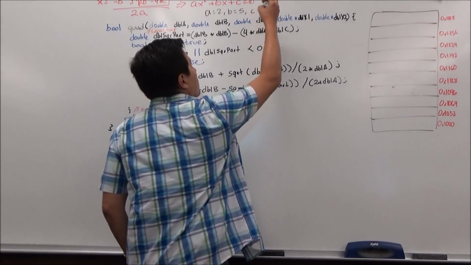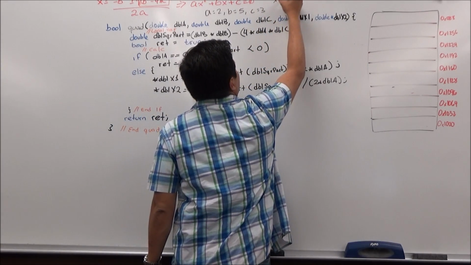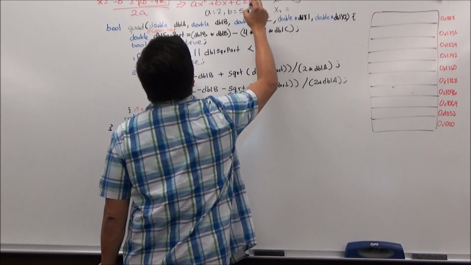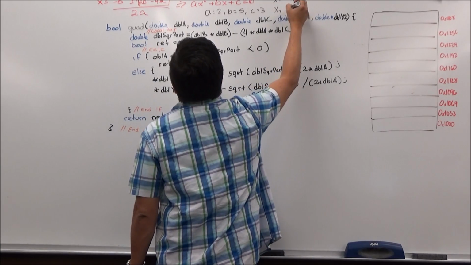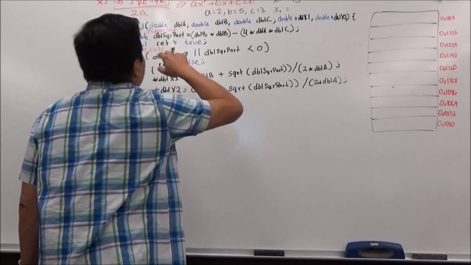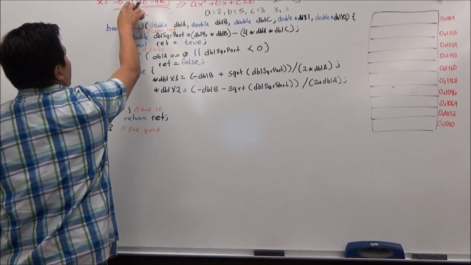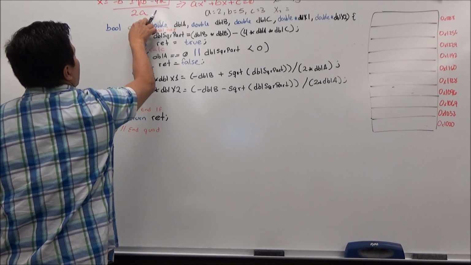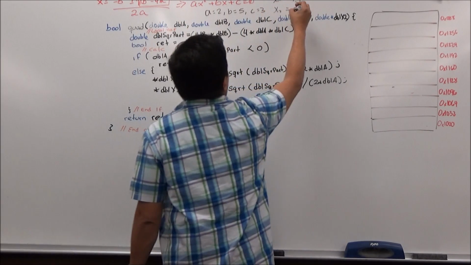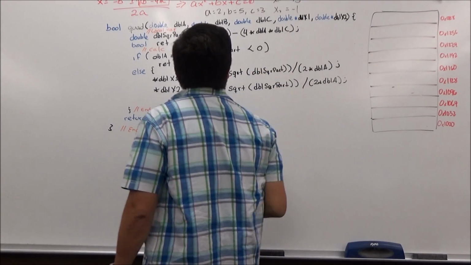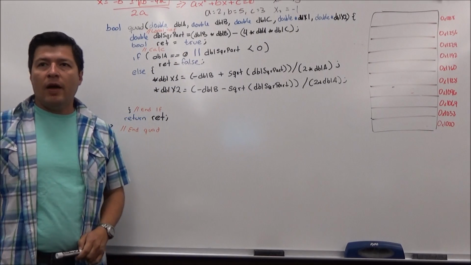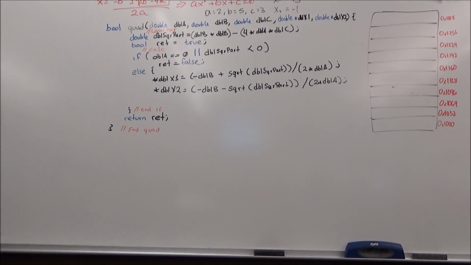So x1 will be negative 1.5 and x2 will be, so if I add 4 divided by, wait, I'm confused. Oh, 1, right? Negative 1. So those are the two values, right?